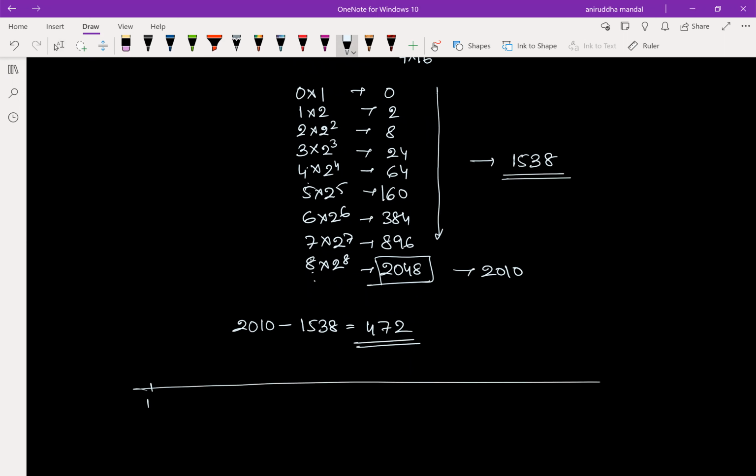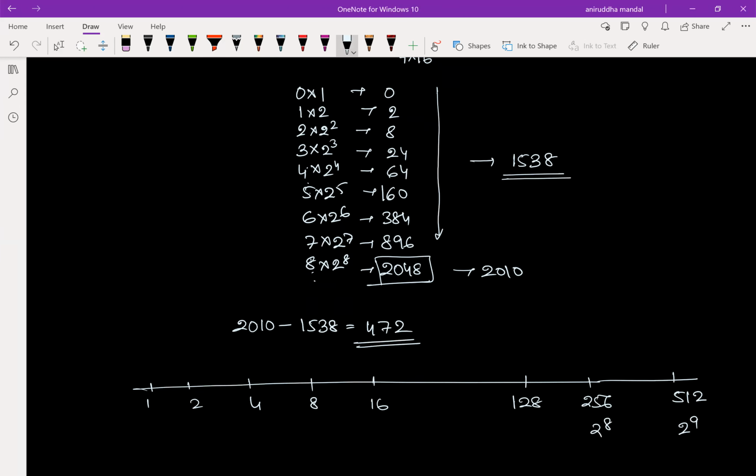So this is 1, this is 2, this is 4, this is 8, this is 16, up to 2 to the power 7, which means 128, this is 2 to the power 8, which means 256, and this is 512, 2 to the power 9.